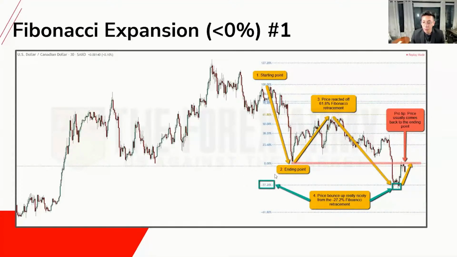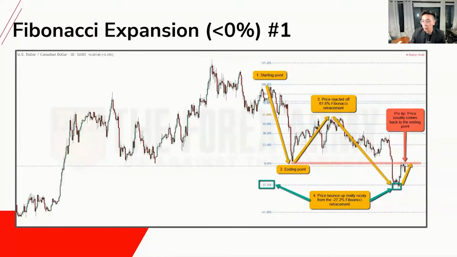There you can see the price usually comes back to the ending point, right? So your starting point, ending point. It came back to this swing low support level, which was acting as a pullback resistance. This is something that you can take note of. So maybe let's say you enter right here.